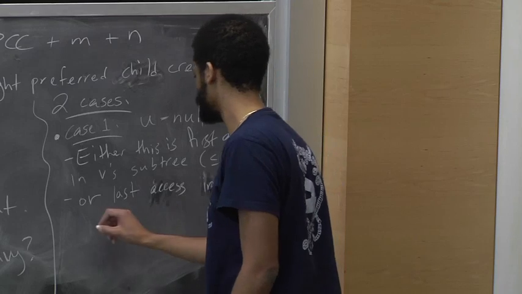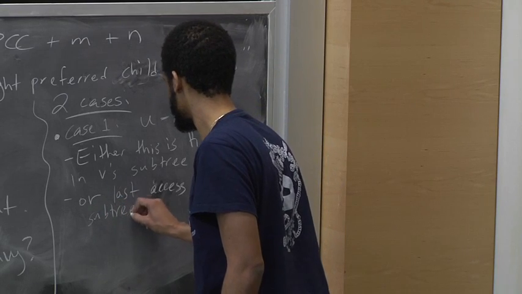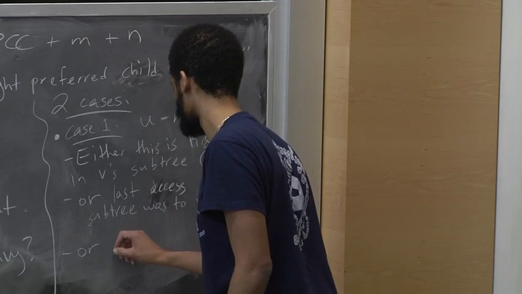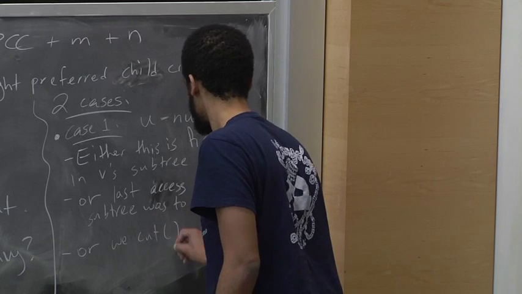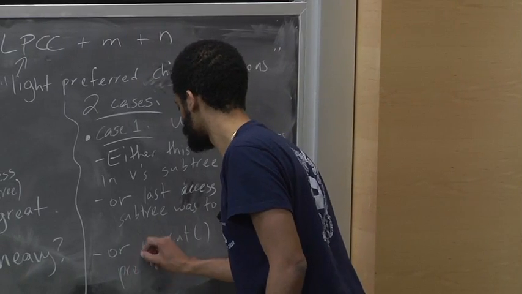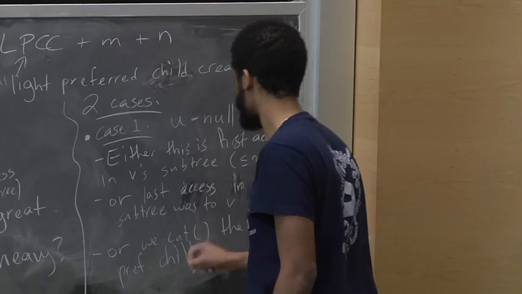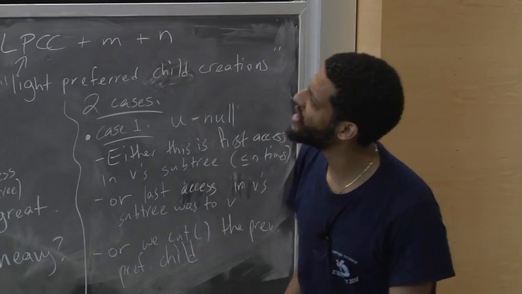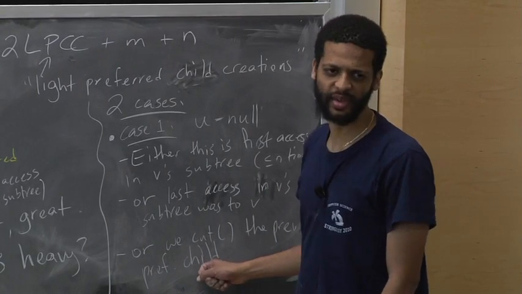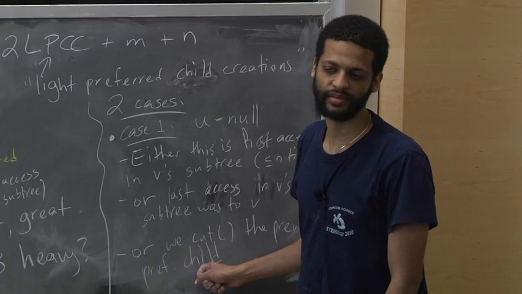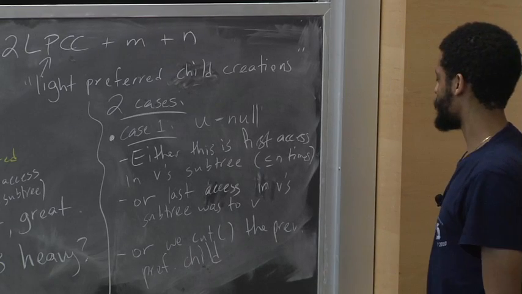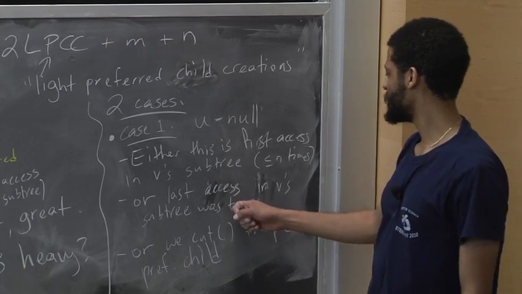I guess actually, now that I think about it, the way that cut is implemented, it would also be the last access in V subtree, right? V would be the last access in its subtree. So really, it's only this case.